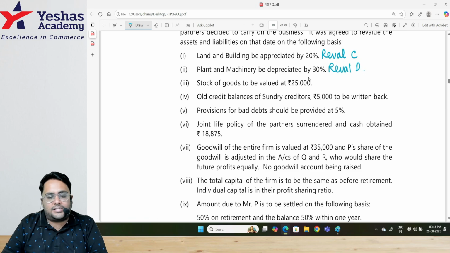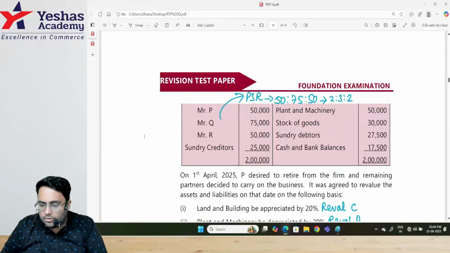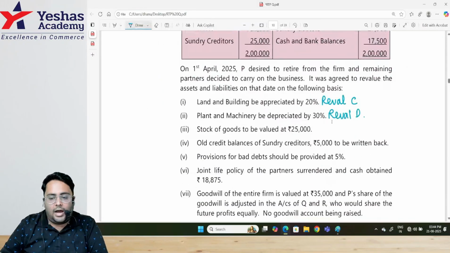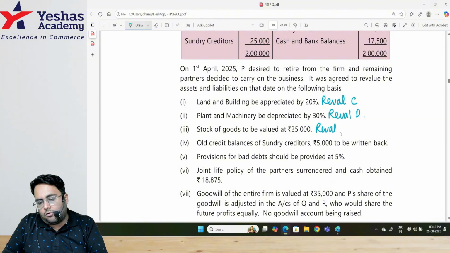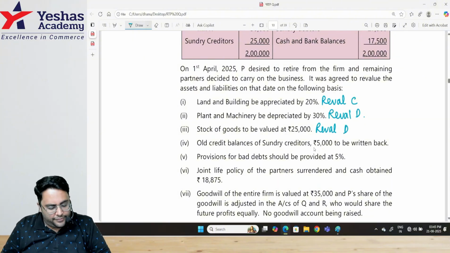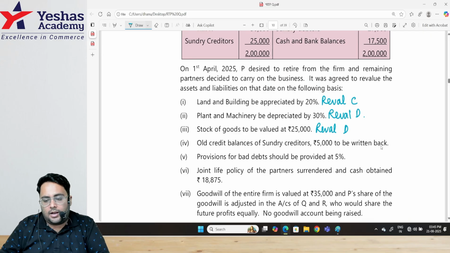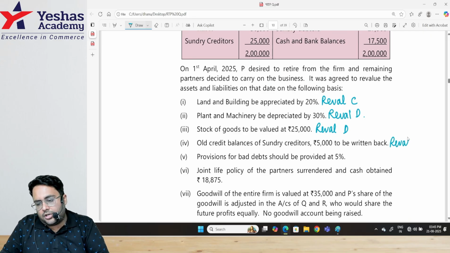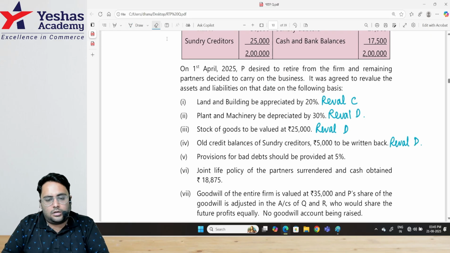Plant and machinery to be depreciated. Revaluation account, debit side. Stock of goods to be valued at 25, given value 30, going downward. Revaluation account, debit side. Old credit balances of sundry creditors 5,000 to be written back. Where will you record? It will come in your revaluation account, credit side.